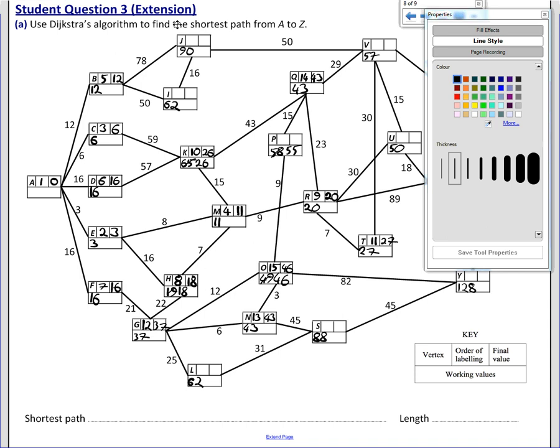Looking around, we've got U at 50, could be the winner. And I don't think that can be beaten, so we're going to go there next. That's going to be the 16th to be added.